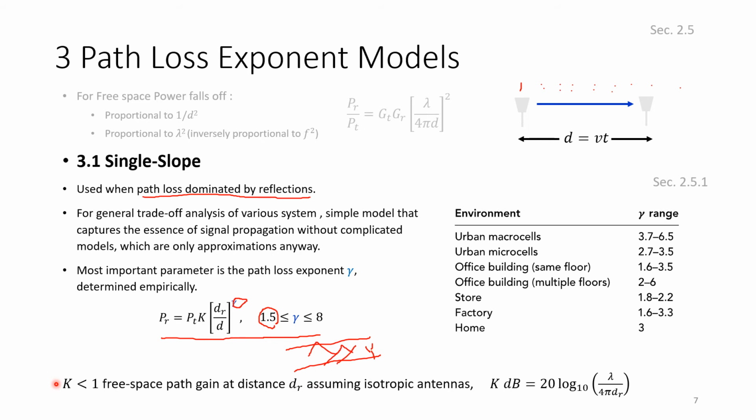K is the received gain, or the received free space path loss, at distance dr, at the reference distance. This is why in the substitution here we substitute dr. So K and dr are related, and usually dr is taken to be 1 meter for small size measurements, and it's taken as 1 kilometer for long distance communication.